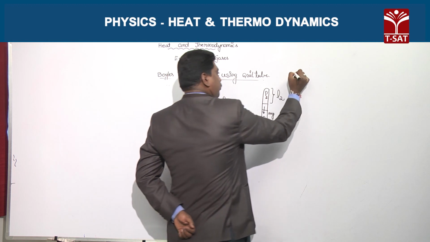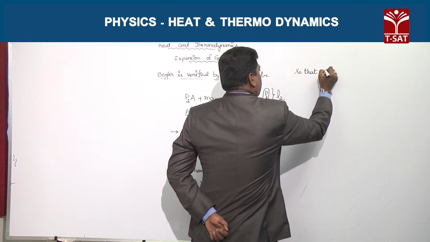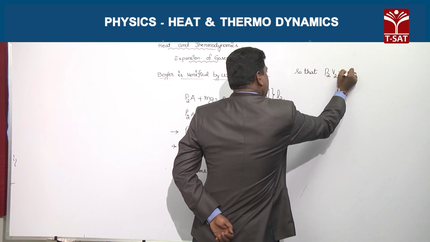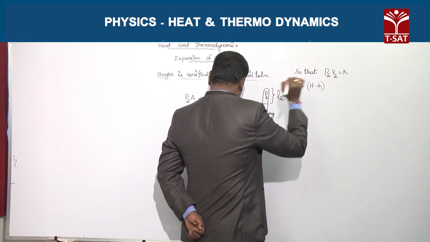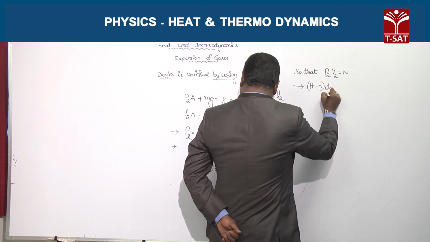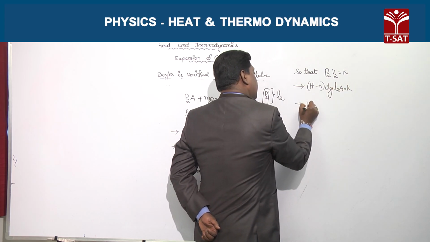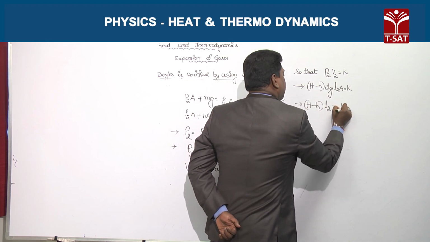So P2 into V2 is a constant, implies H minus h into dg into L2A is equal to constant, implies H minus h into L2 is equal to constant.